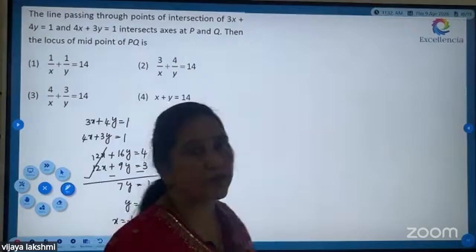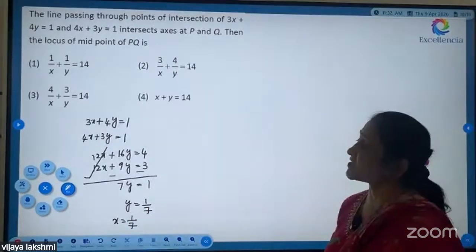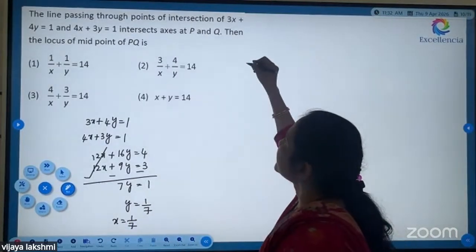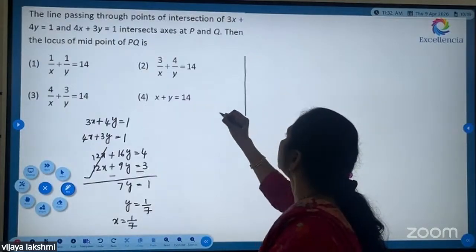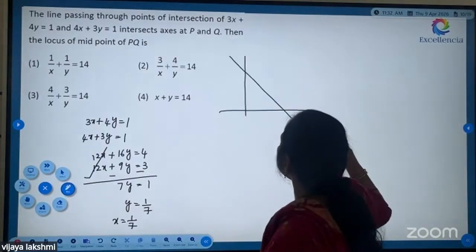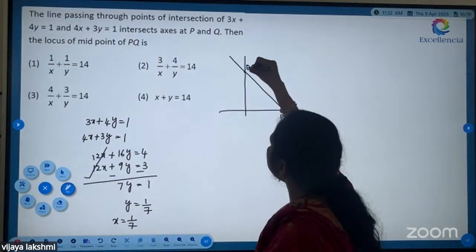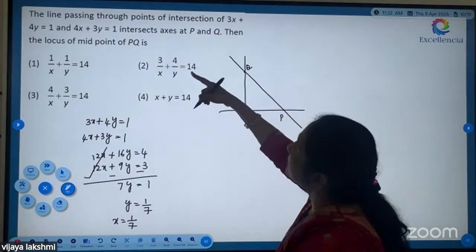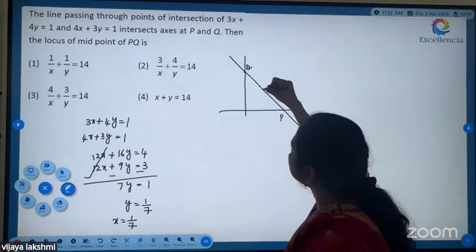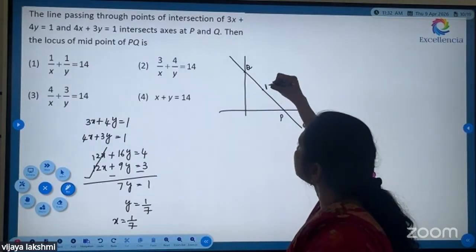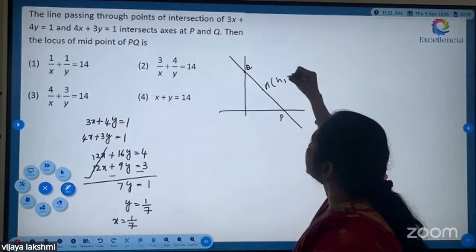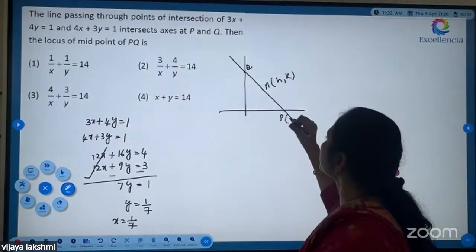And what they gave after the point of intersection lies on the line which is intersecting the coordinate axes at P and Q, and we need the locus of the midpoint. Just consider the midpoint as H comma K. Then automatically what points do you get?